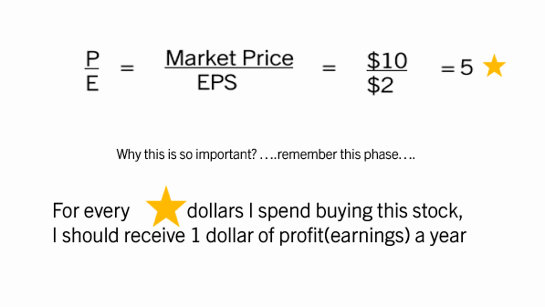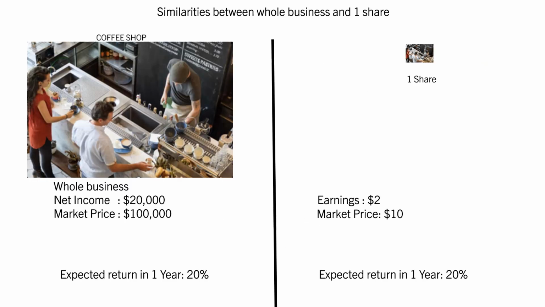And all you are doing to figure that out is you're taking the current market price of what the company is trading for, and you just divide it by the EPS. Okay. So when we look at the whole business versus one share, I want to show you how it does not matter if you are valuing the entire business or you are just valuing one share.